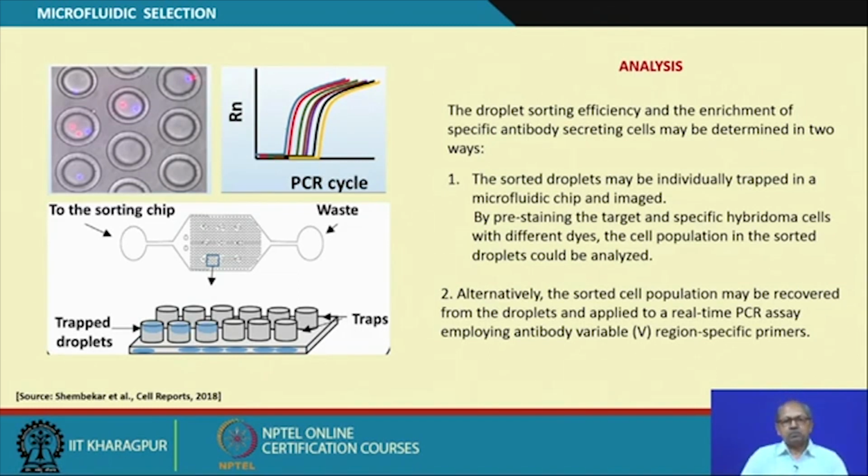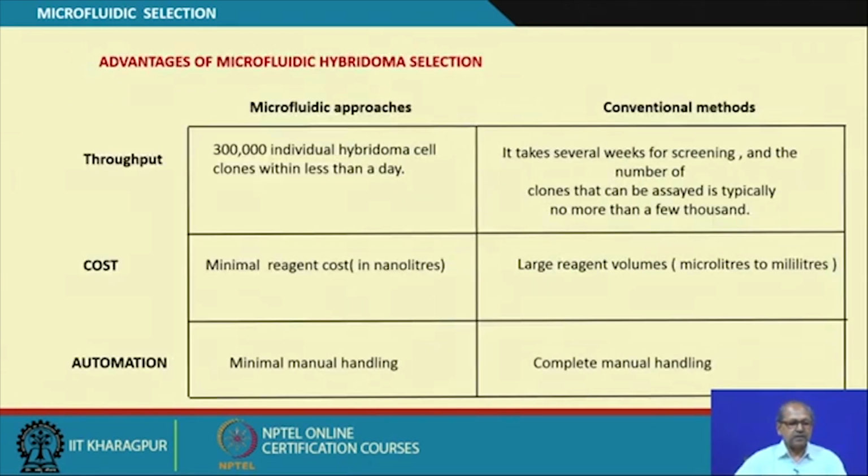Otherwise, you can do a PCR cycle for the FAB part of the antibody to look for whether it is positively selected. So, we can save the time as well as the monotonous process of screening, which might take 2 to 3 months, and if you are lucky enough, you may end up with 2 or 3 clones of monoclonal antibody secreting hybridoma. If you compare throughput, cost and automation in each compartment, microfluidics has a higher leverage than the conventional method.